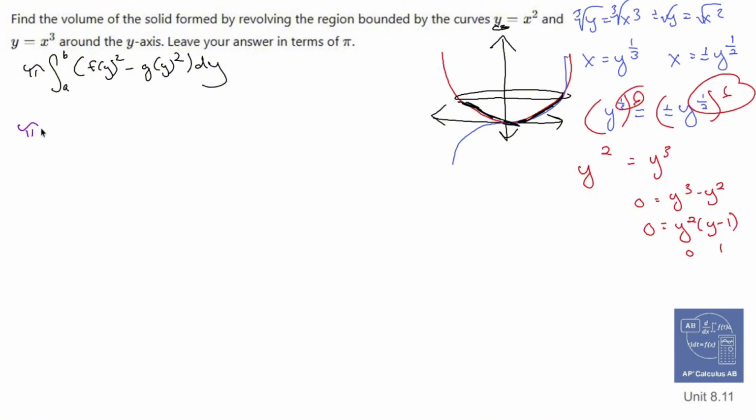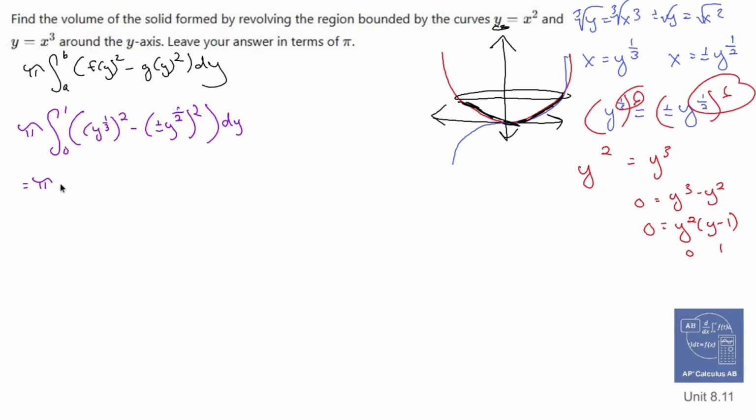So now I can finally set this thing up. So pi times the integral from 0 to 1. I think I'm going to use, let me see, the outer one would be the cube. So I'm going to do y to the 1/3 squared minus positive or negative y to the 1/2 squared dy.